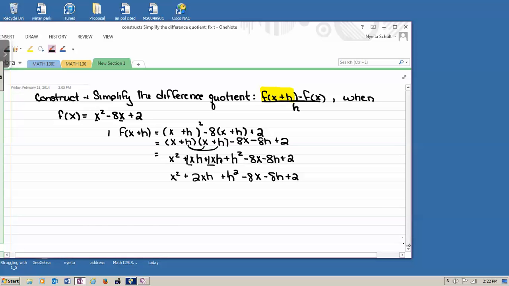For step 2, we're now going to find the entire numerator. So now it's subtract off from the f of x plus h the original f of x. So f of x plus h was from part 1. F of x is the original.